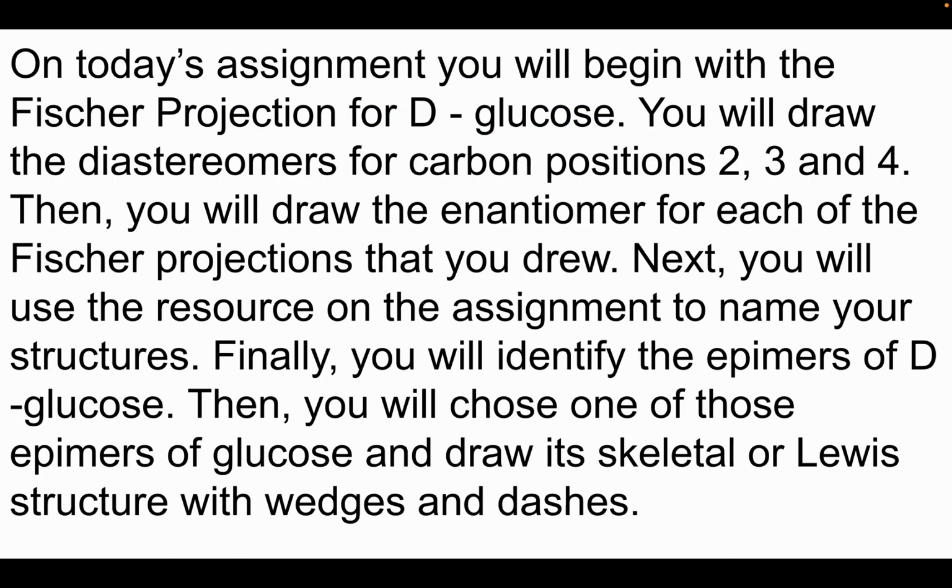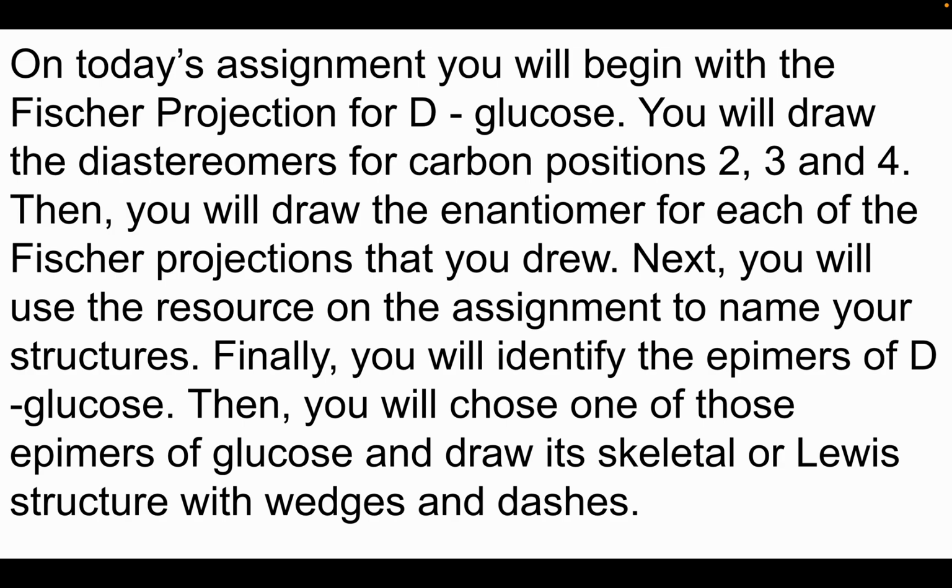Okay. So now let's talk about the assignment. So on today's assignment, you will begin with the Fischer projection for D-glucose. I've shown you that in the slides today, but you'll also have it on your assignment. And you will draw the diastereomers for carbon positions 2, 3, and 4. Now when I say you're going to draw the diastereomers, you're going to draw every possible combination of diastereomers.